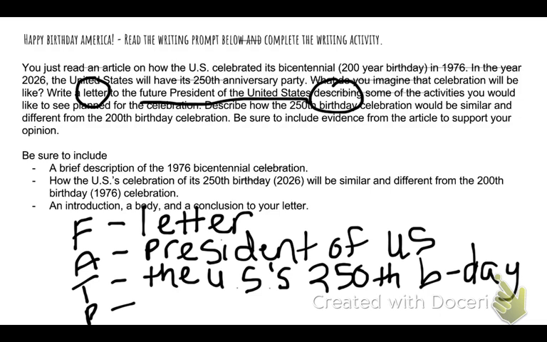I'm also describing how the birthday celebration is similar and different. So even though I might persuade him or try to convince him to like my ideas, it never says persuade in my writing prompt. It talks about describing a lot. So I'm basically informing the president of different ideas for the 250th birthday celebration.